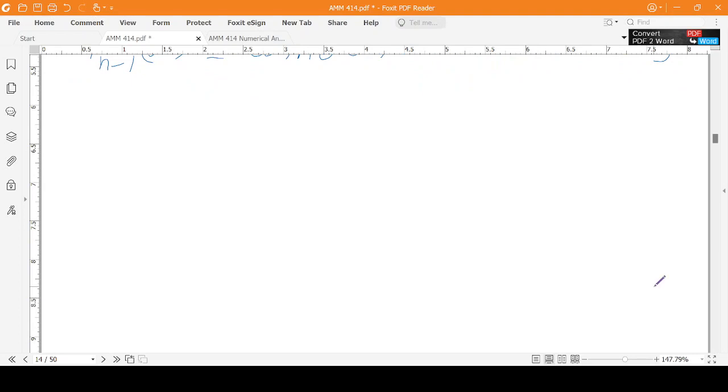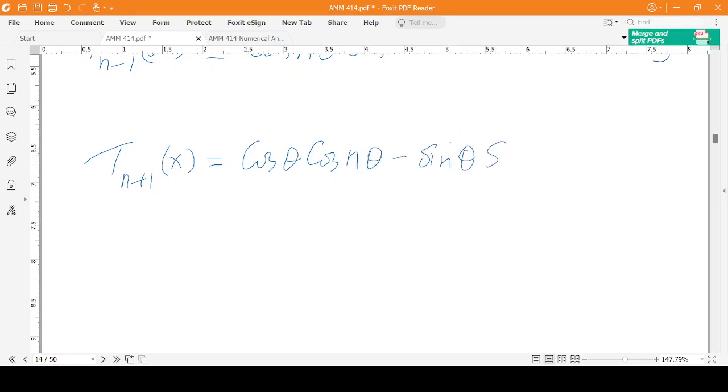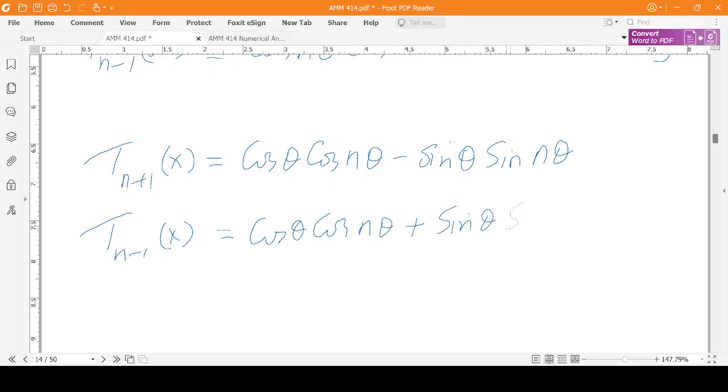So we have Tn plus 1 of x being equal to cosine of theta times cosine of n theta minus sine of theta times sine of n theta, and Tn minus 1 of x is equal to cosine of theta times cosine of n theta plus sine of theta times sine of n theta.